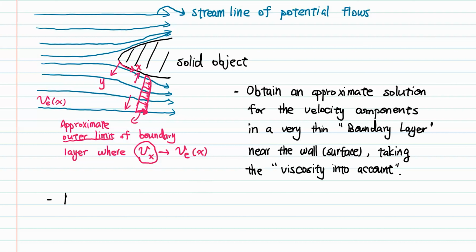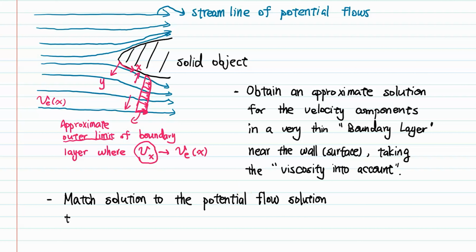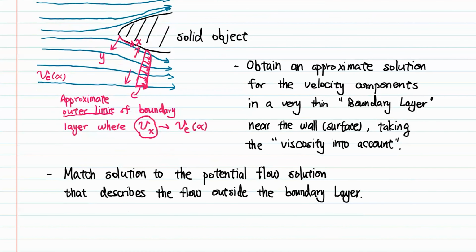So the second point would be: match the solution to the potential flow solution that describes the flow outside the boundary layer. Okay, that's our second point.